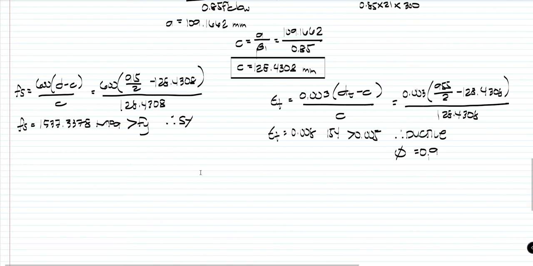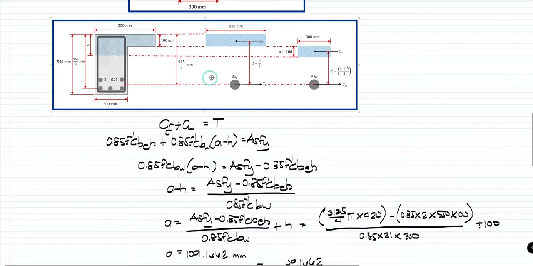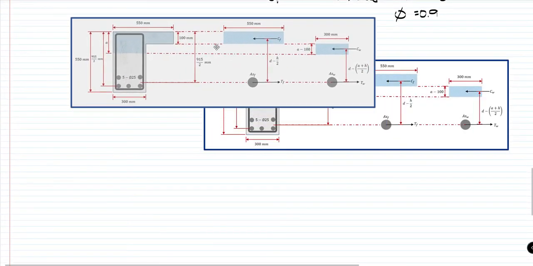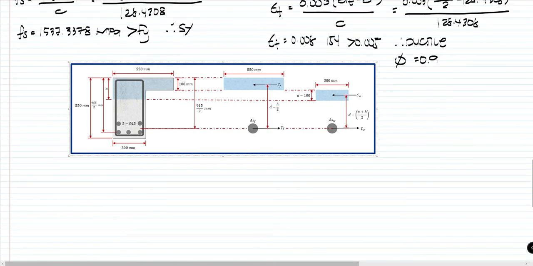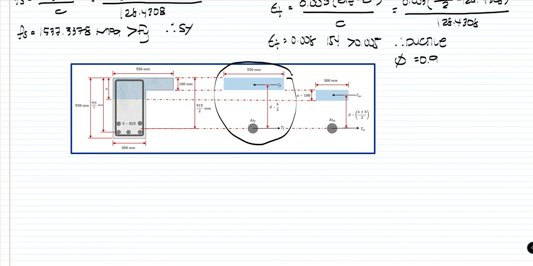So now we are ready to determine the nominal moment capacity of our beam. So kunin natin yung stress diagram, which has the moment arm. So, from these diagrams, we would get the values of the moment coming from this flange section or the first diagram, and the moment coming from the web section, which is the second diagram.